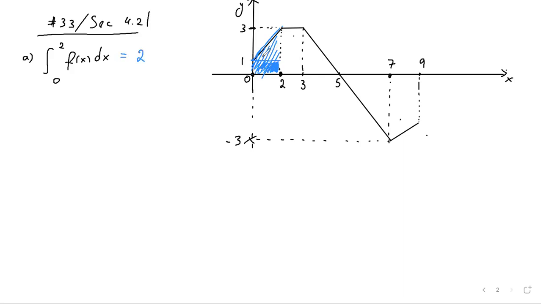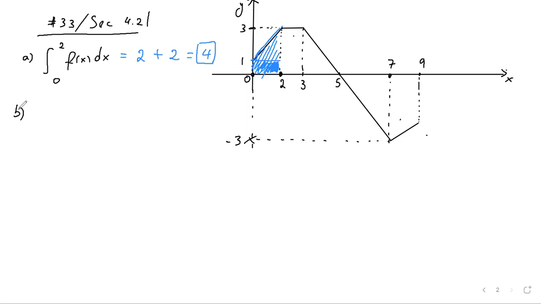Plus the triangle just above it, which has a base of 2 and a height from 1 to 3, also 2. So the area will be 2 times 2 divided by 2, that's base times height divided by 2, so that's 2. All right, so this whole thing is going to be 4. This is the answer to part A.